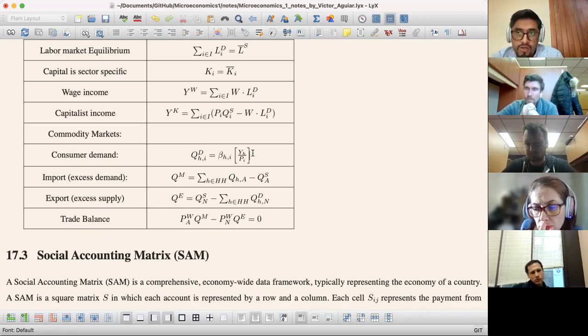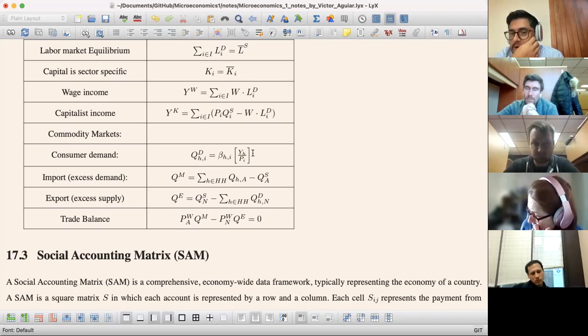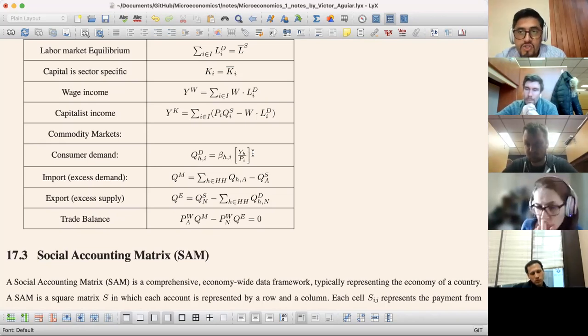If you're close enough, your claim is that your model is a good description of reality, because these entries in the sum that you didn't target in the calibration, you still are able to match very closely, okay? So that's a little bit the idea that people do in macro, and that's the best they have done so far. Now, is there room for improvement?